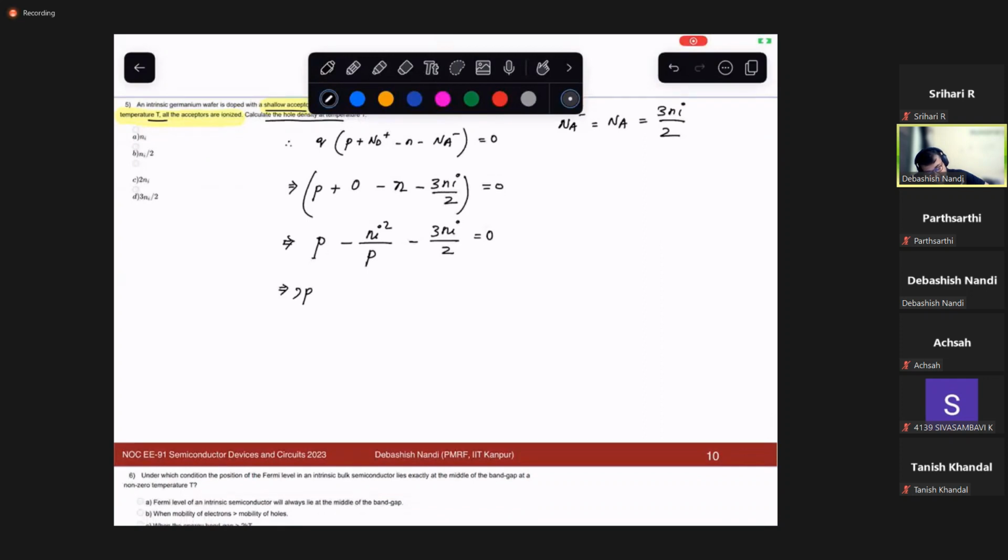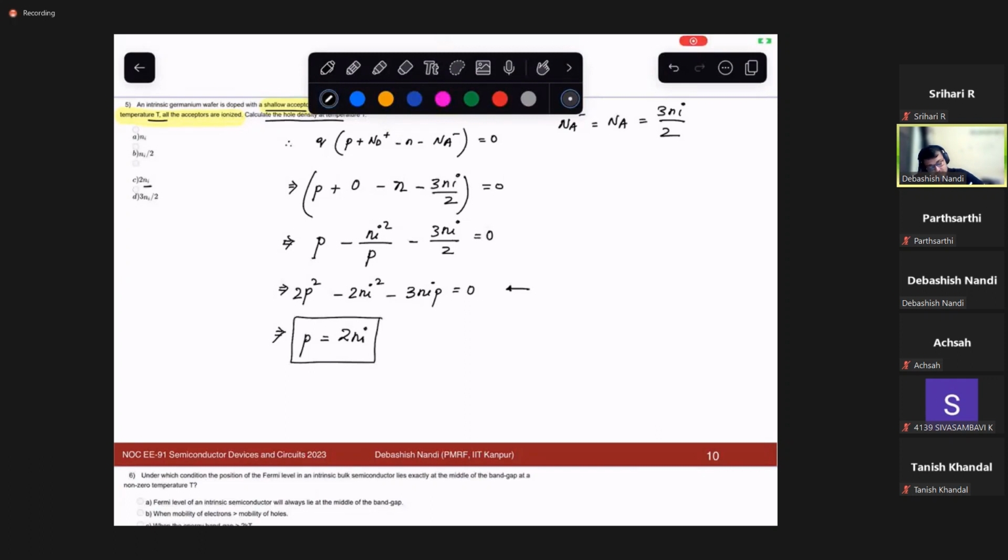So I have 2P square minus 2Ni square minus 3Ni into P equal to 0. So your P will be, this is nothing but a quadratic equation. We can solve it, and one root will come negative. So if we calculate, we will see that P will be equal to 2Ni.